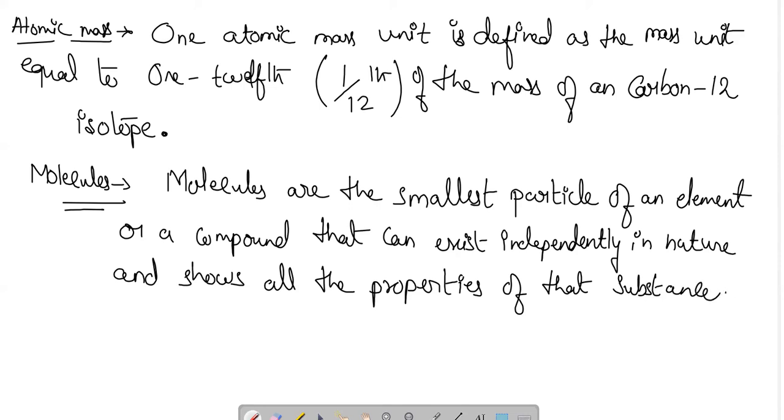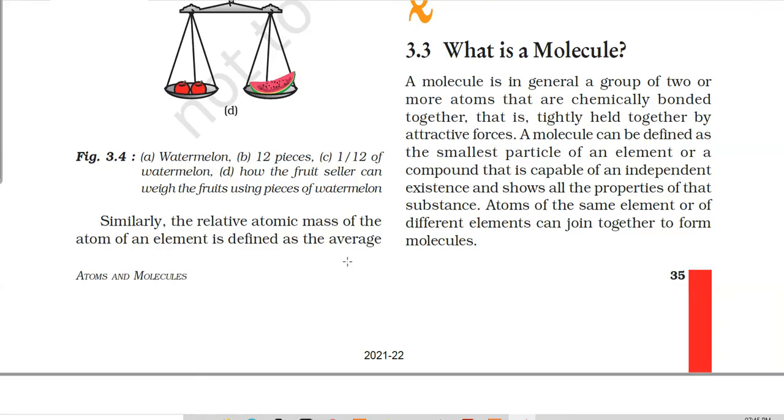So molecules are the smallest particle of an element or compound that can exist independently in nature, and they show all the properties of that particular element or compound.